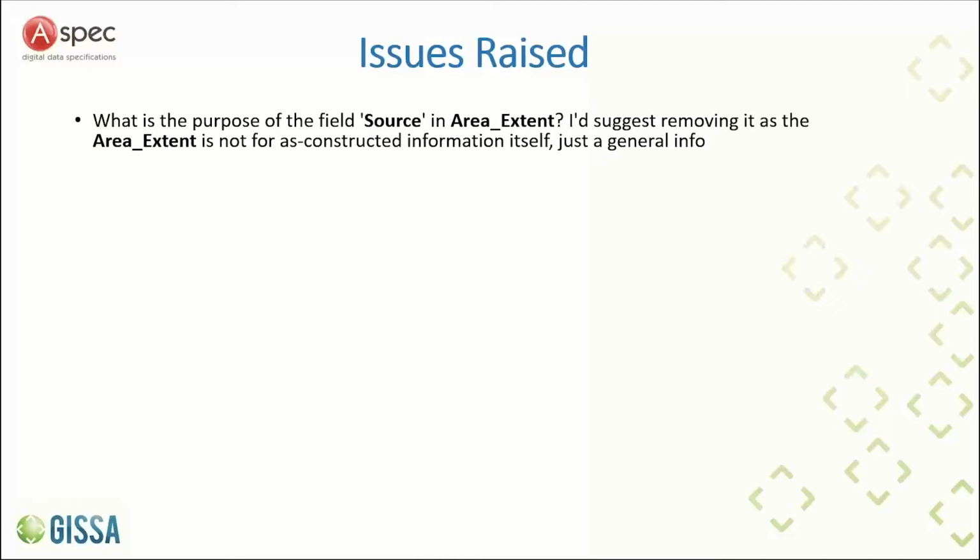If it's common across the whole project, then just populate it in the area of work extent boundary, and the source field in the table remains as a default value.